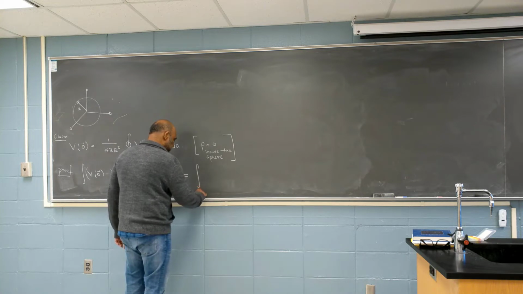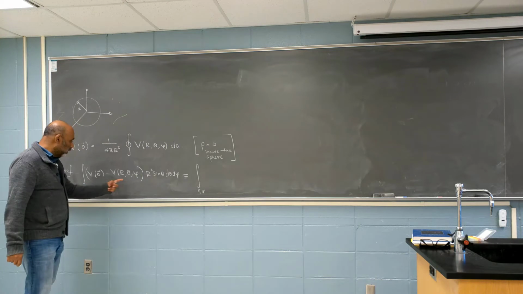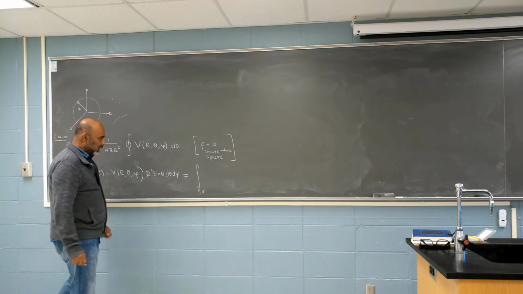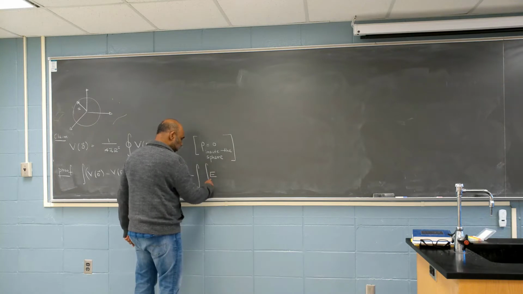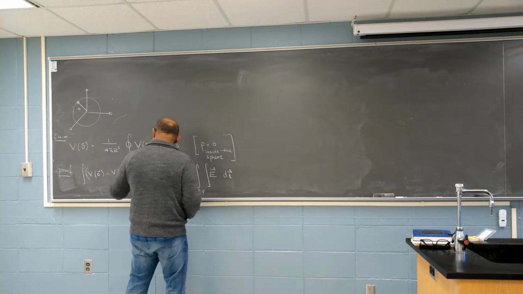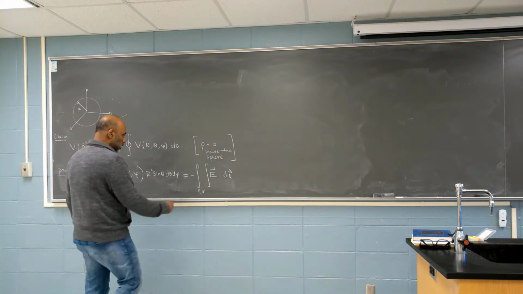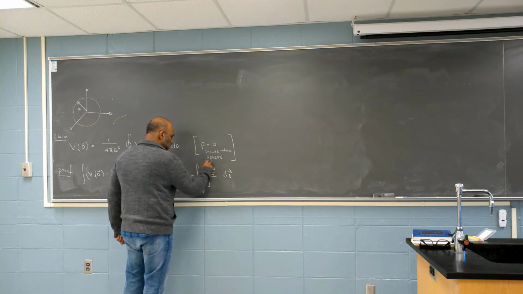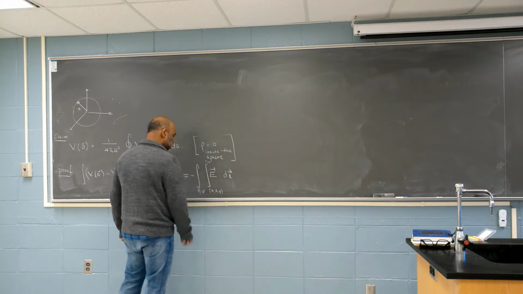So this is my theta phi integral. I really should put a double integral. But this one, I'm going to write as negative E, the electric field, dot dl from r equals 0 to some r, theta, phi.